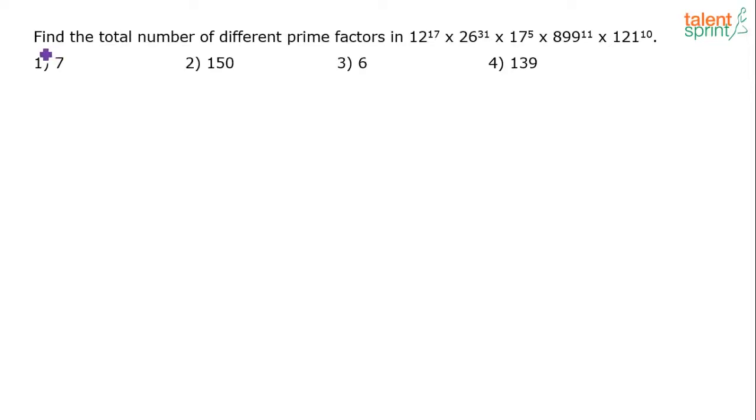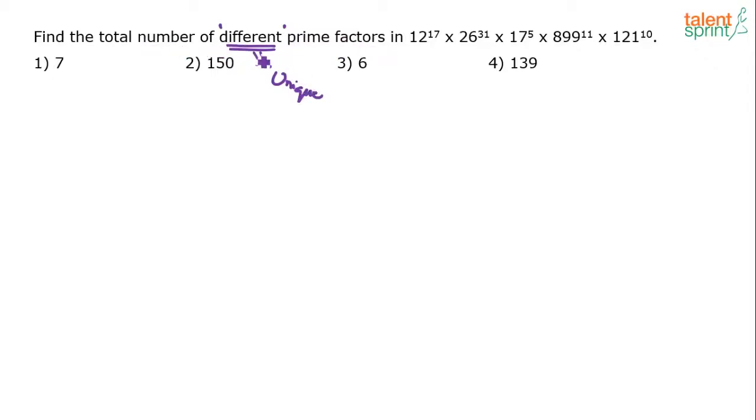Let's look at the solution now. Here we go. Find the total number of different prime factors in 12 power 17 into 26 power 31 into 17 power 5 into 899 power 11 into 121 power 10. Focus on the word different. Different here implies unique, right? He's not asking us to find the total number of prime factors.